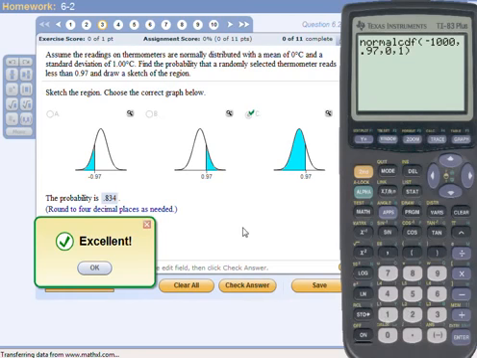So this is the minimum, which I just make really small, just so I get almost all the area under the curve. Here's the maximum where it stops right here. Mean and standard deviation. I hit the enter button.